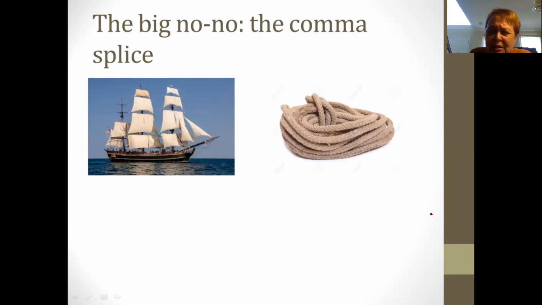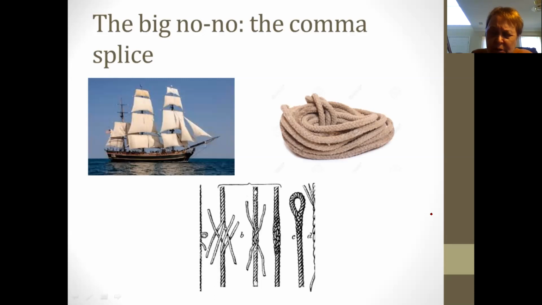And the sailors found ways to connect different ropes together. And what they did was what was called splicing. And you can see this illustration here where you can take two ropes and you kind of weave them together and you can join them and connect them to make different things on your ship. So the term splice comes from what the sailors were doing, and it has the idea of connecting things together.